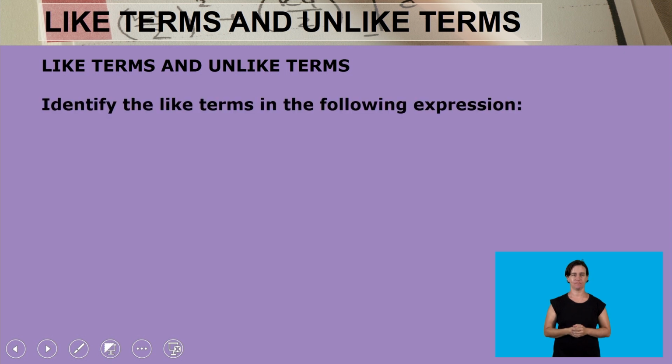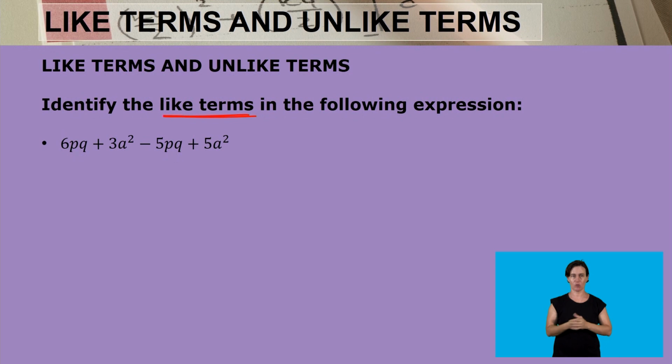Let's now look at the following expressions and identify the like terms. Now remember, we know what like terms are. We are looking for the same variable and the same exponent. So which ones are the like terms here? We can see that 6pq has the same variables and exponents as the negative 5pq.